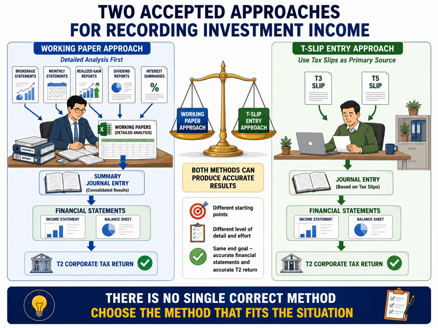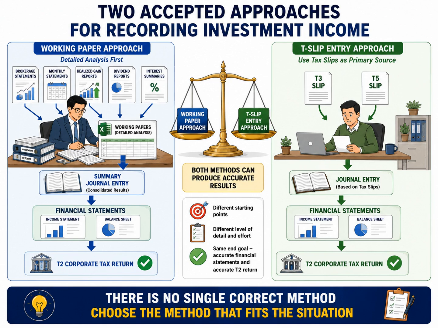The first method shown on the left is the working paper approach. With this approach, the accountant begins by reviewing detailed investment information. This may include brokerage statements, monthly investment statements, realized gain and loss reports, dividend reports, and interest summaries.